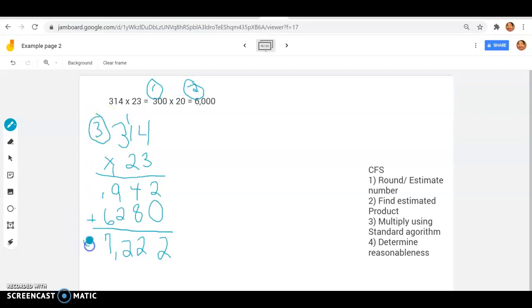And then step number 4, finding that exact answer and determining our reasonableness. If you feel like your answer is not reasonable, then you need to go back and check your answer. Make sure that you pause this video and get that CFS written down. You're rounding or estimating the numbers, finding the estimated product, multiplying using your standard algorithm, and then determining reasonableness.